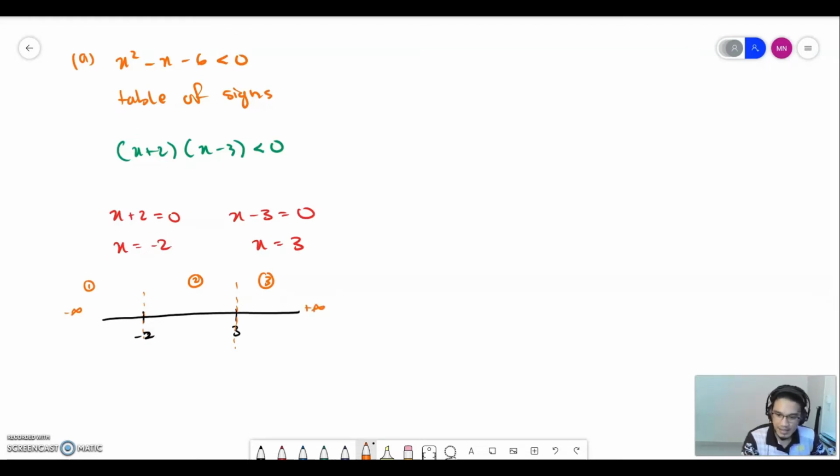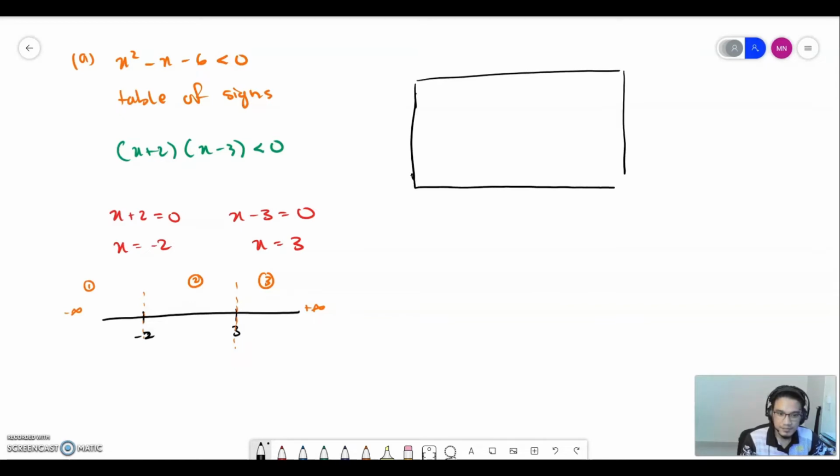That line is not necessary for you to draw in order to use table of sign, but what is necessary for you is to draw this table. That's why it is called the table of sign. So now we have 3 regions divided by the roots of the equation. So we draw the table like this.